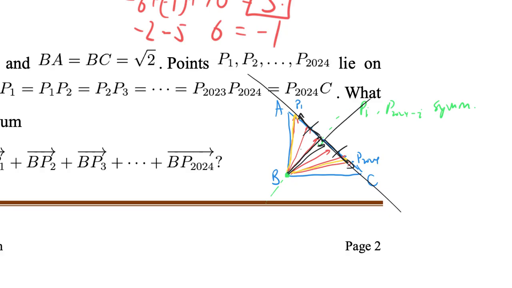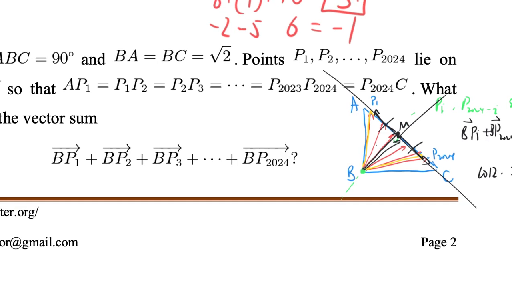So BP_i plus BP_(2024-i) is equal to essentially, if you take the midpoint, let's call this M, 2BM. And so you have essentially 1012 times 2BM.